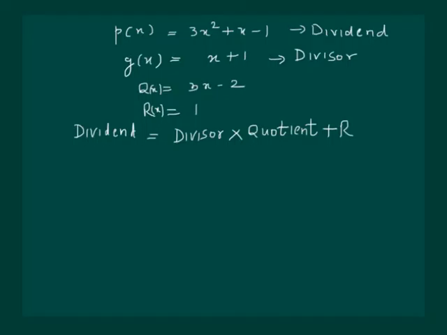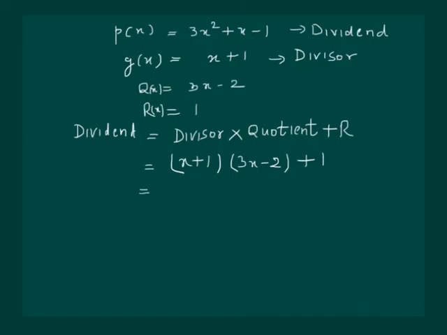Let us check the authenticity of this rule for the polynomials. So let us substitute the values of divisor, quotient and remainder in the right hand side and solve to check whether it gives us the dividend. On substitution of the value, we get the following expression.